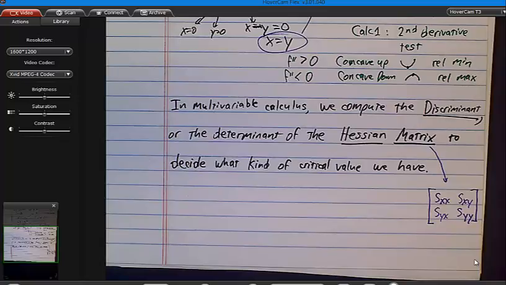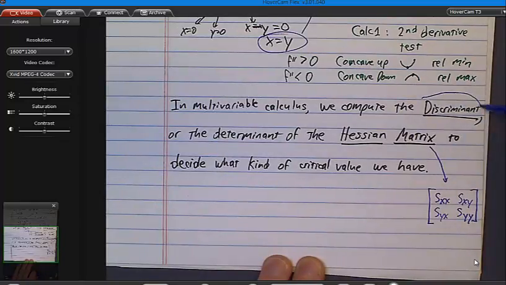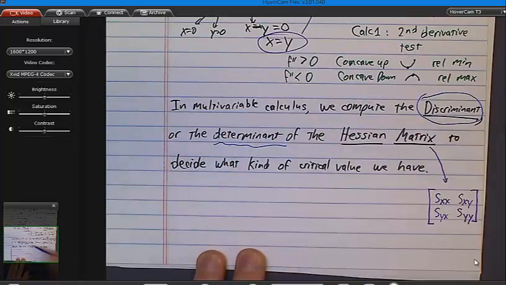Okay? And so what we do is, I say that because it's funny, your book gives a definition for the discriminant, but the easy way to remember it is, how do you take the determinant of this matrix?